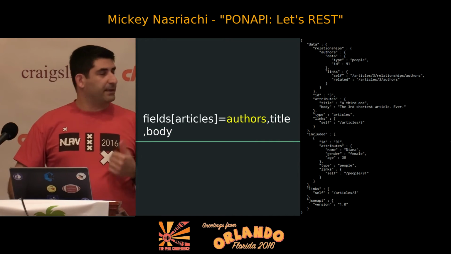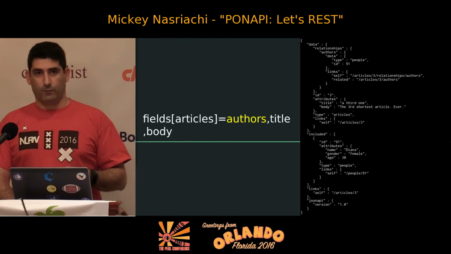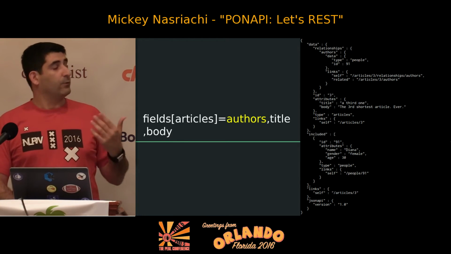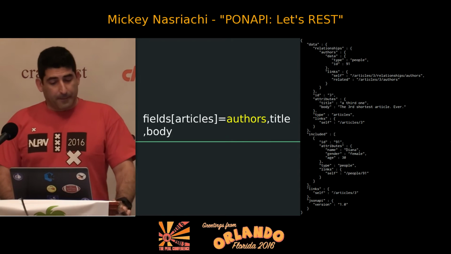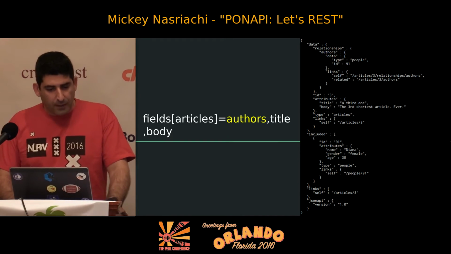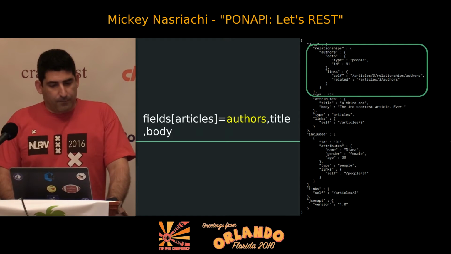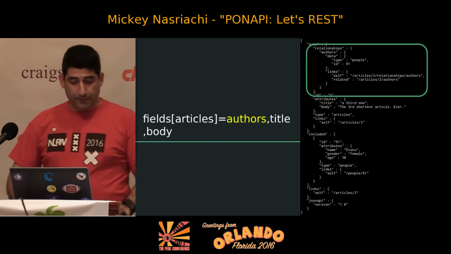The authors is the name of the relationship, and relationships are considered the top level, just like the attributes. So if we want to see them, once we use the filtering of the fields, we also have to specify the ones that we actually want to see. Otherwise, we just won't have the relationship section. So this is why author is also there.